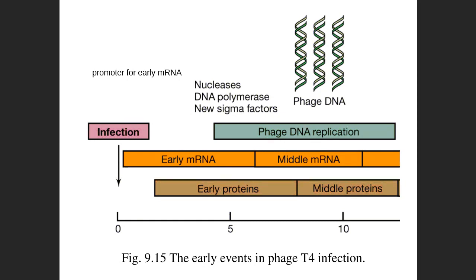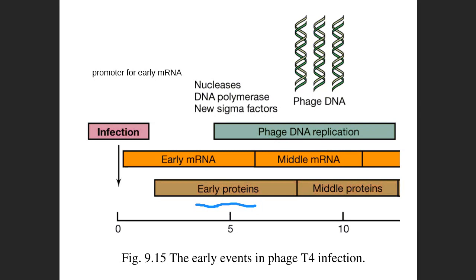Thank you, Lewis. Ribosome does the translation, and that's the bacteria, the host's ribosome. Okay, so now it's translated. So now you have the early protein. Okay, so what are the early proteins?